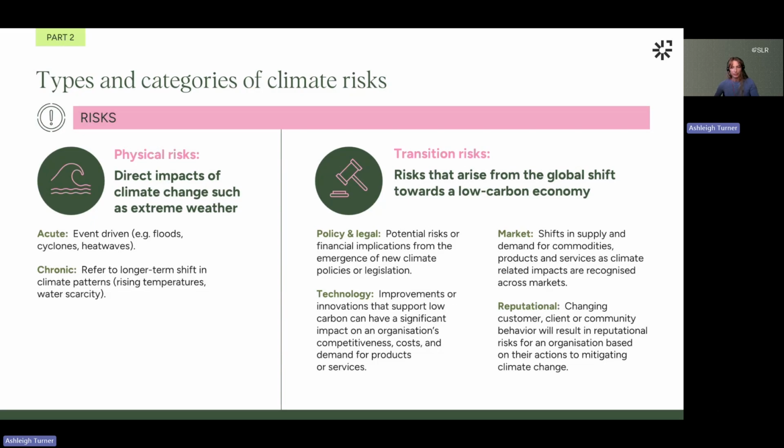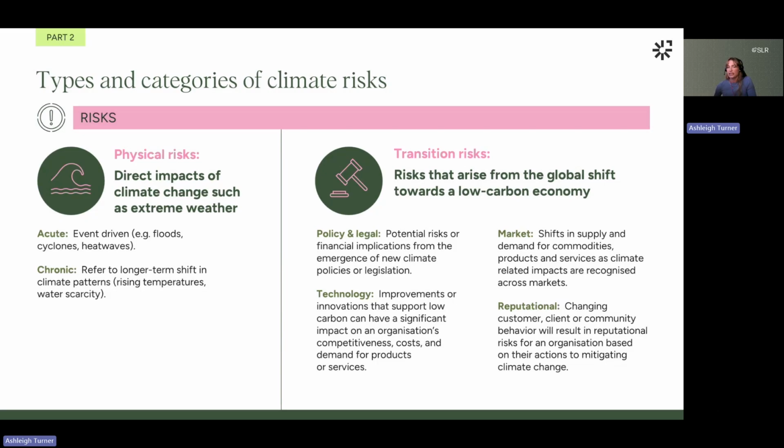The chronic risks can be just as material as acute risks over time. They can gradually degrade site viability, strain infrastructure, and affect workforce productivity, and they often tend to be underweighed because they don't show up as dramatically in a single event, but they're very important to consider.